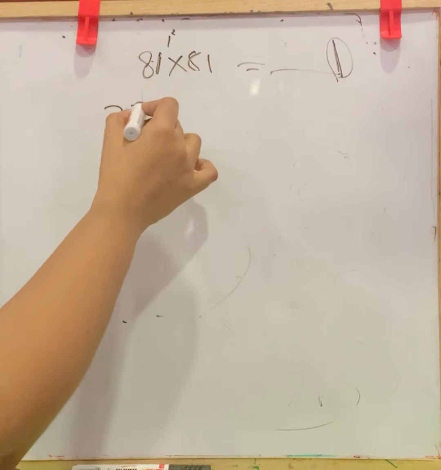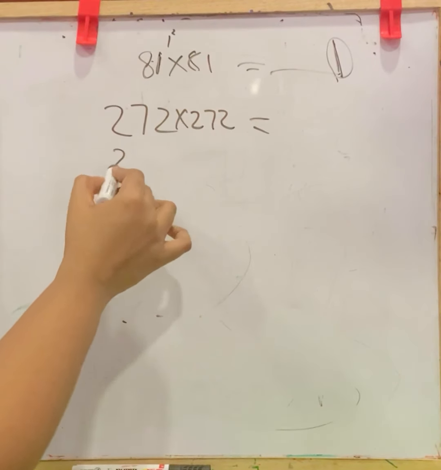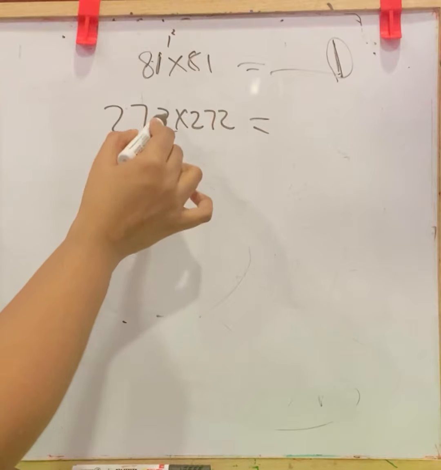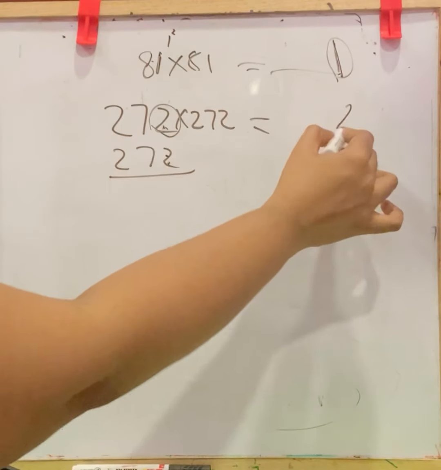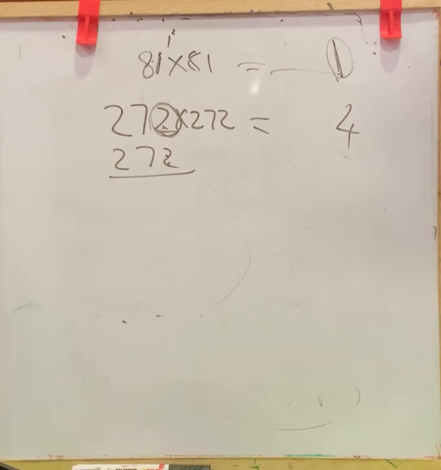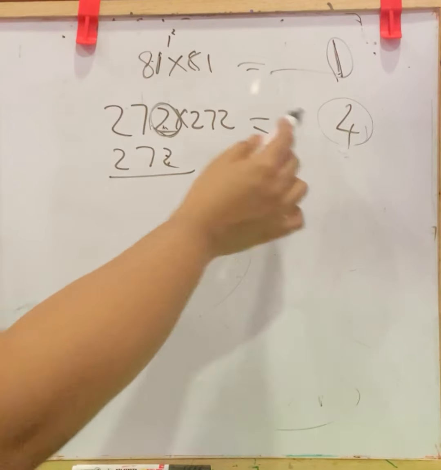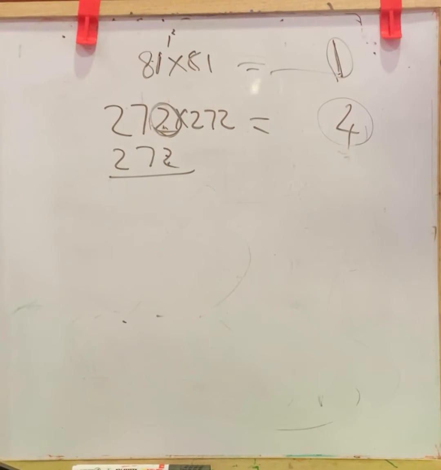Now 272. Here 272 into 272. We know 2 square, 2 twos are 4. So what we want to do is take the units place digit in the question and square it. That number's units place will be the square number's units place.